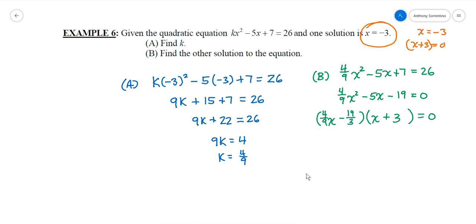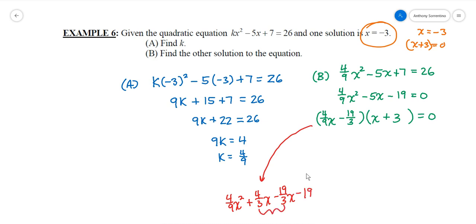And the thing I would want to do with this is make sure that if I FOIL this out, I get the 4/9 x squared minus 5x minus 19. So the first thing I want to do is a double check. If I FOIL this out, I'm going to have 4/9 x squared plus 4/3, since 4/9 times 3 is 4/3, x minus 19/3 x, and of course the minus 19/3 times 3 is going to give me a minus 19.